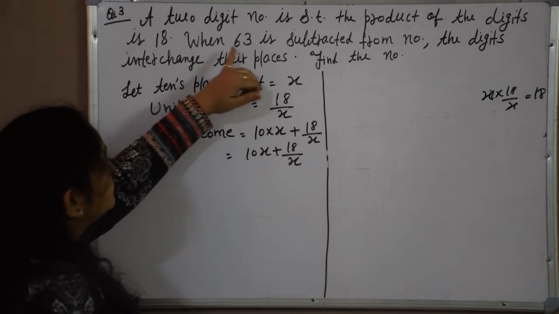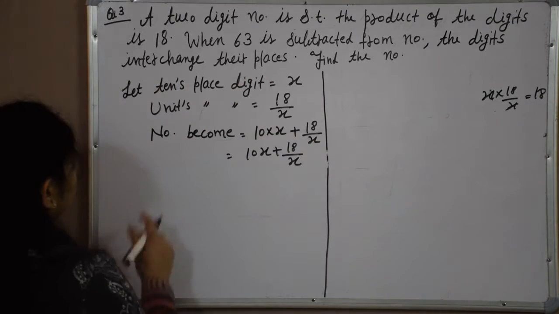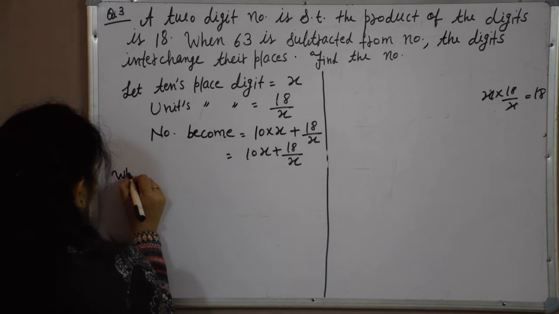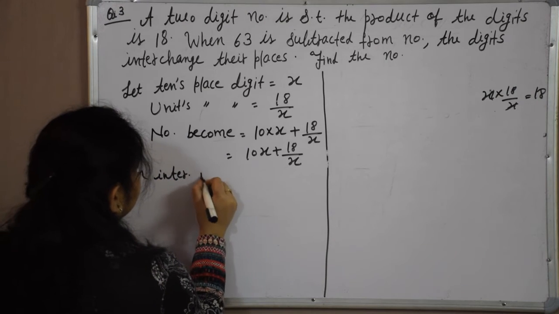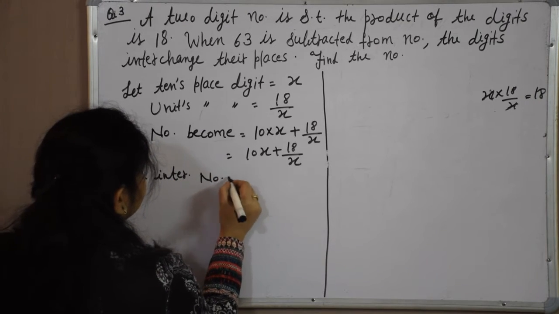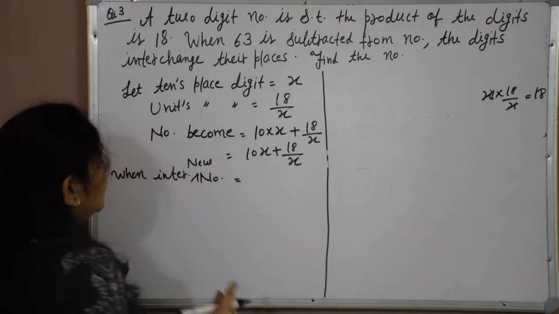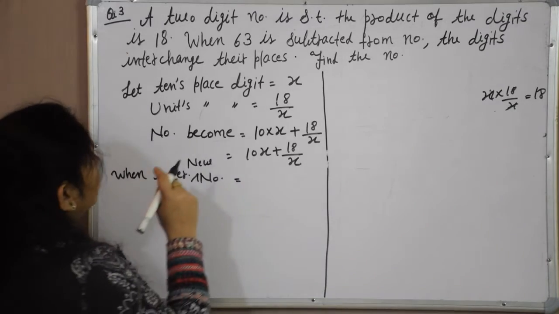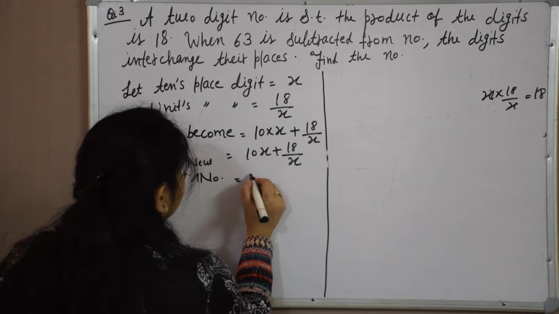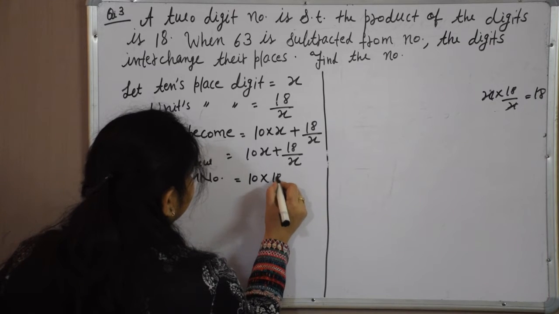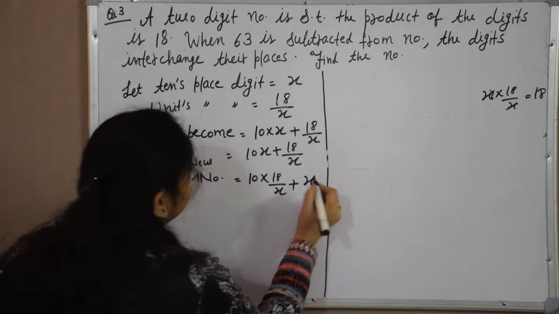Now when 63 is subtracted from the number, the digits interchange their places. When we interchange places, the new number will become, the unit place will come at the tens place. So 10 into 18 by x, and the tens place will come at the units place.